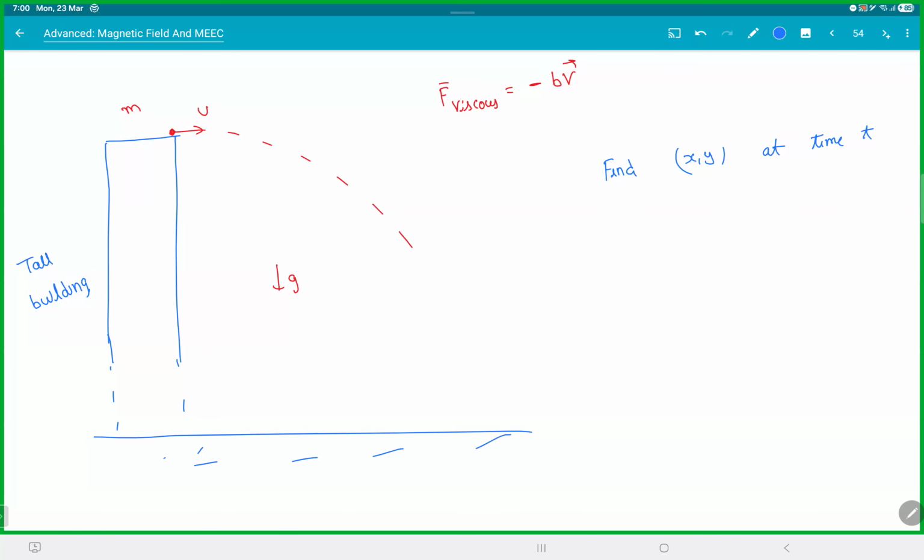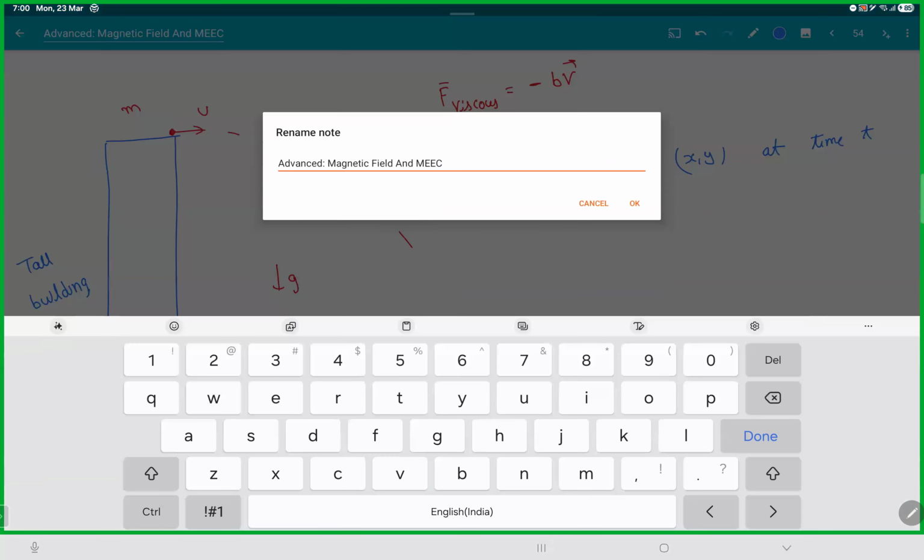Yeah, you can ask, find the final velocity. These are two questions you could ask. This is kinematics plus viscosity. Yeah, I think we'll just do it here only instead of a separate chapter.